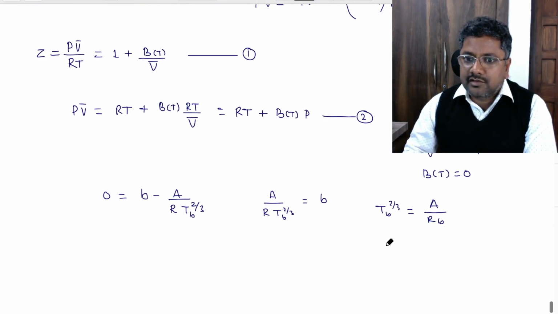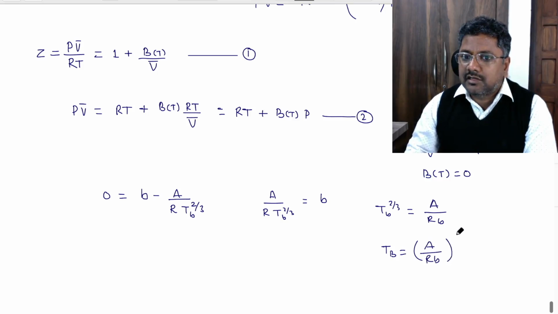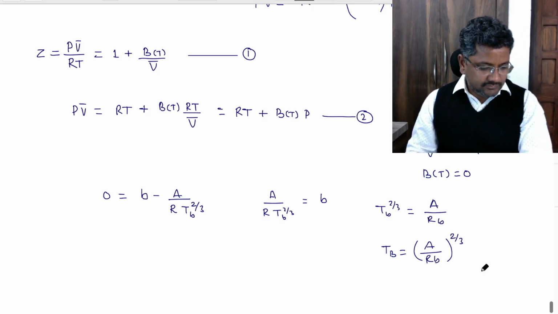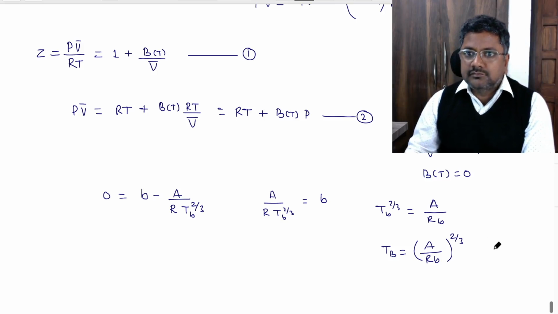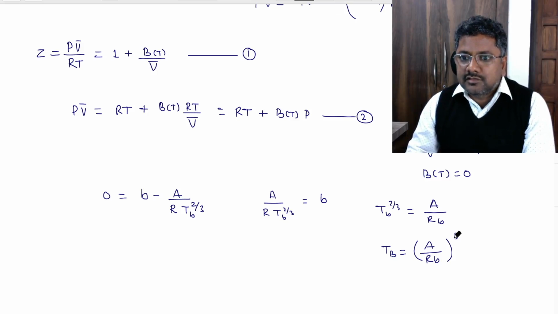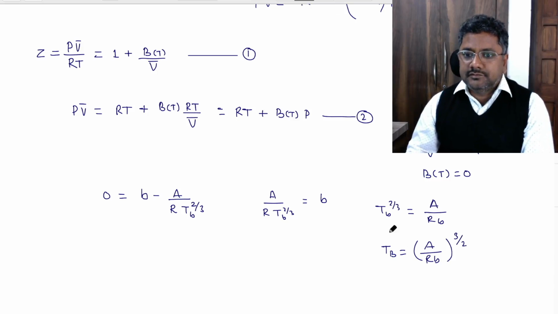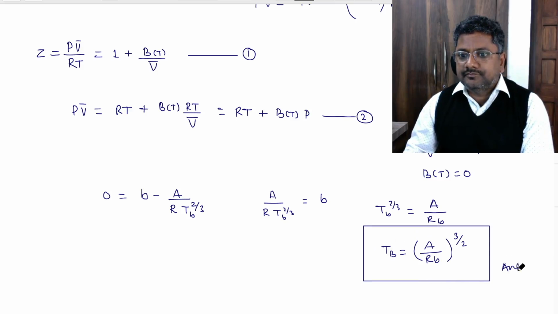So T_B is equal to a by Rb to the power, this is 2 by 3, no? So here 3 by 2. So this is the answer.